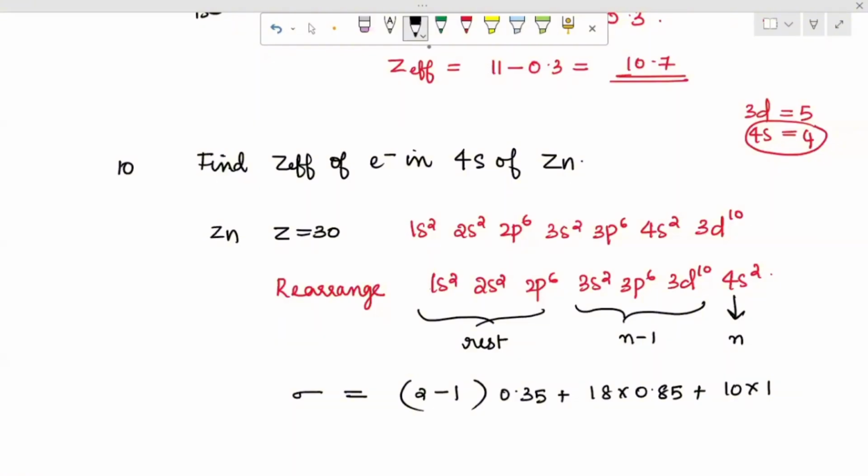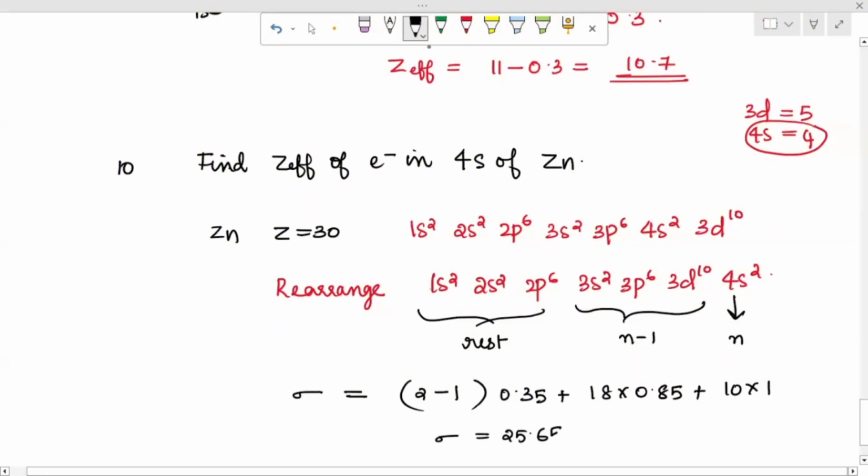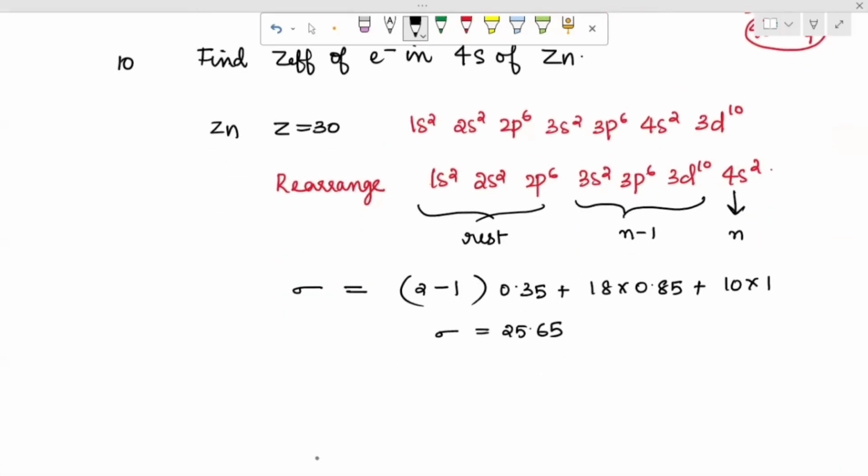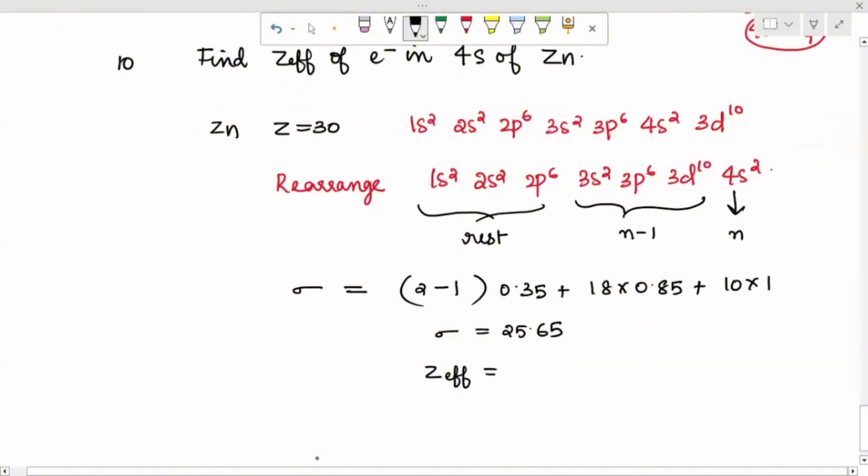So total, we get 25.65. Okay. And Z effective is going to be 30 minus screening constant, which is 4.3. I hope you get it. This is the note, very important.